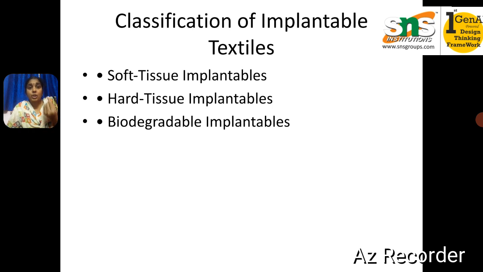Mainly it is the sutures. If you get a wound and sutures are placed, those sutures will be automatically absorbed and dissolved by our body itself. So we won't need to go to the hospital to get the stitches opened. That is the main concept of biodegradable implantables.